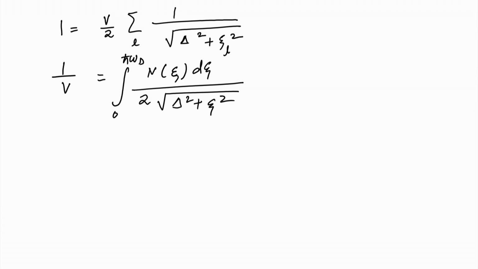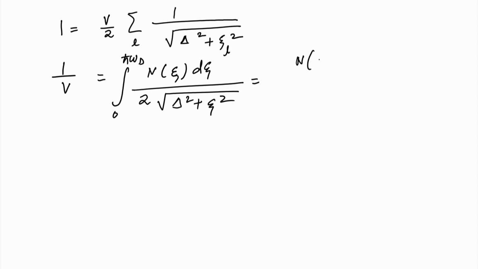Cooper had explained how the pairs have to be formed within an energy shell of h cross omega d from the Fermi surface. So, it is measured from the Fermi surface. Now, the detailed feature of n of xi is not required, because we know that this whole phenomenon is occurring at the Fermi level.